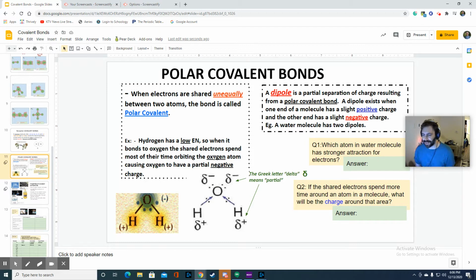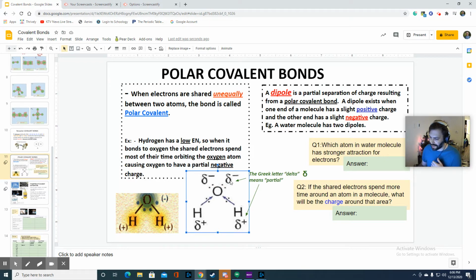An example here is water. Hydrogen has a low electronegativity. You see hydrogen and oxygen. When it bonds to oxygen, the shared electrons spend most of their time in orbit around oxygen. Oxygen has a higher electronegativity, so it's going to pull those electrons toward it.